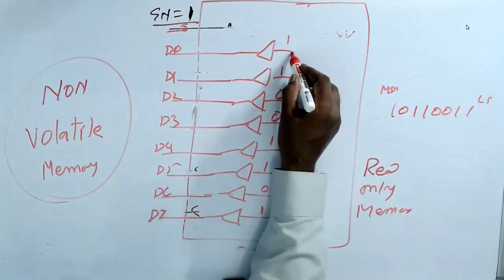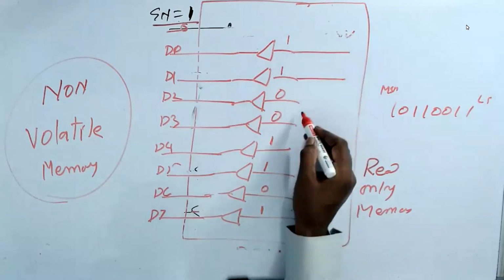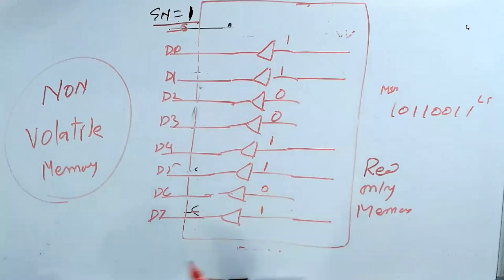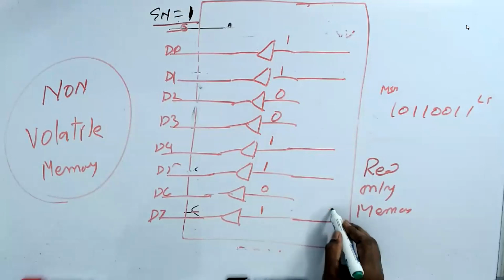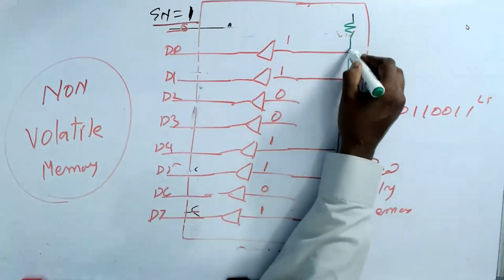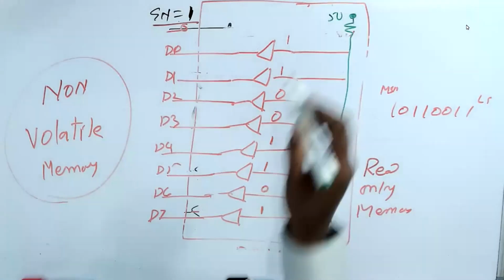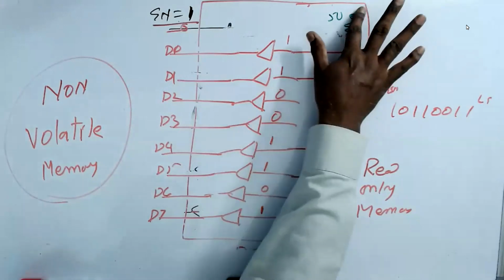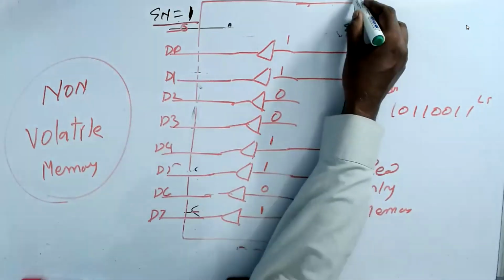Wherever you want a 1, you take it out, take it here like this, longer one, and connect everything through the wire. Now, not 5 volt, connect it out. You're going to give a supply outside, 5 volt.